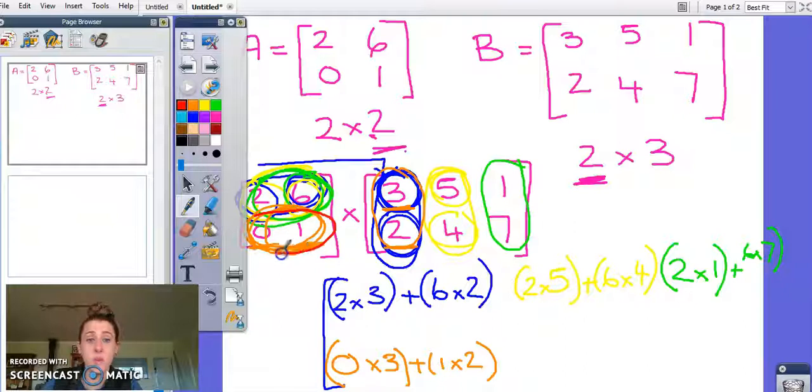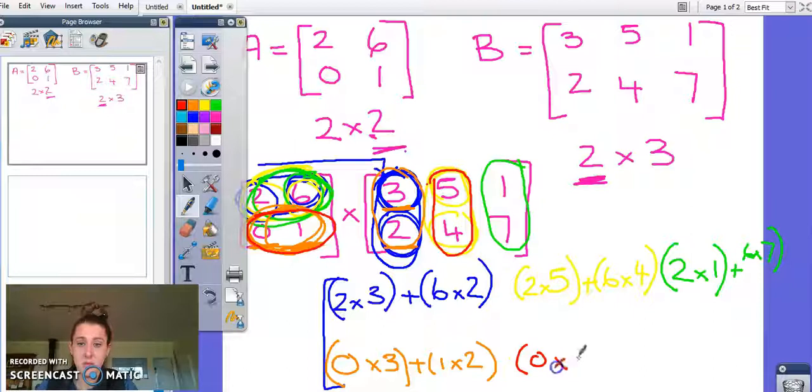Right, next one. Again, still working with that second row, but over to our second column now. So we've got the 0 multiplied by the 5 and added to 1 multiplied by the 4.